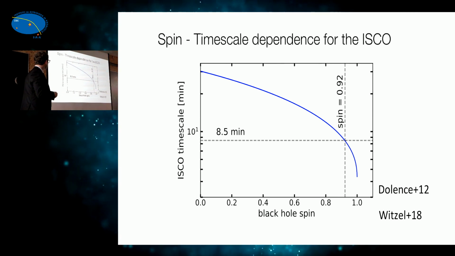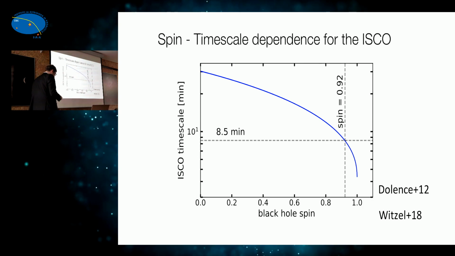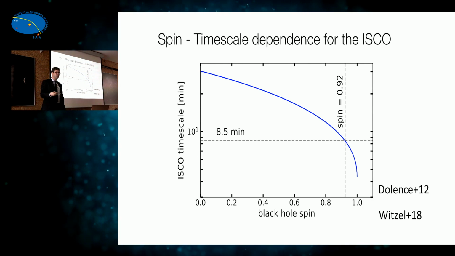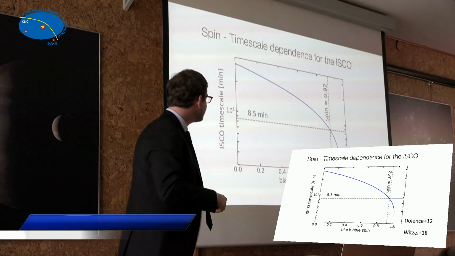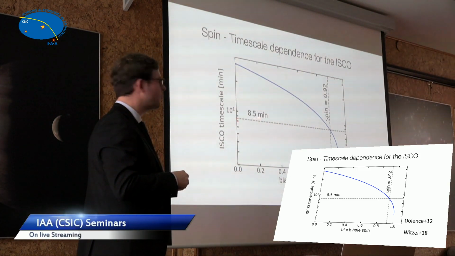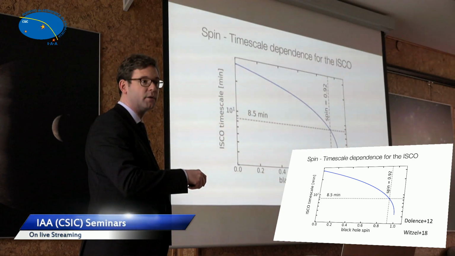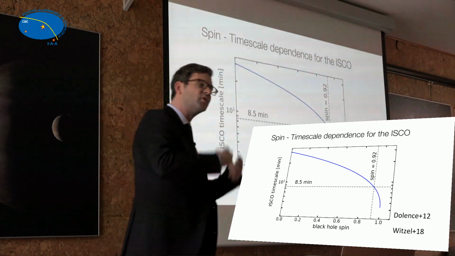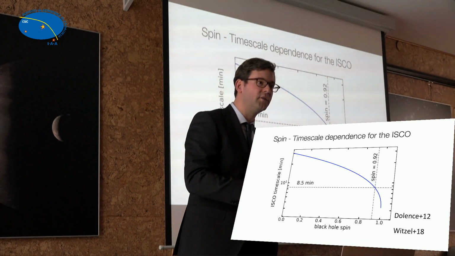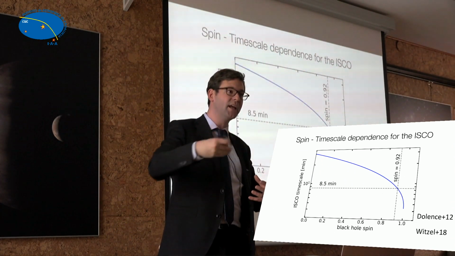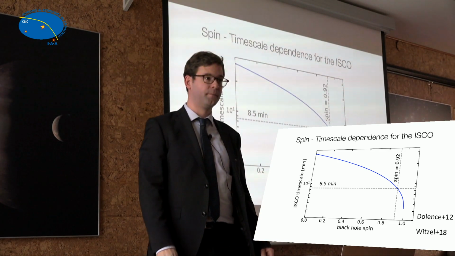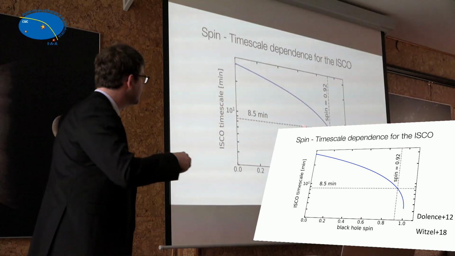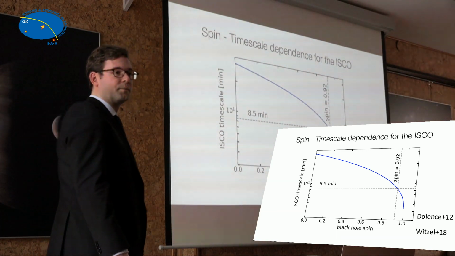And so if you assume that you have such a frequency modulating the light curve, and that is an assumption, but you don't measure this modulation down to 8.5 minutes, it will provide you an upper limit. But it's very indirect, and it really is based on the assumption that you expect a modulation of the ISCO timescale in your light curve. The blue line is the open. Okay, this is a measured value that we found.